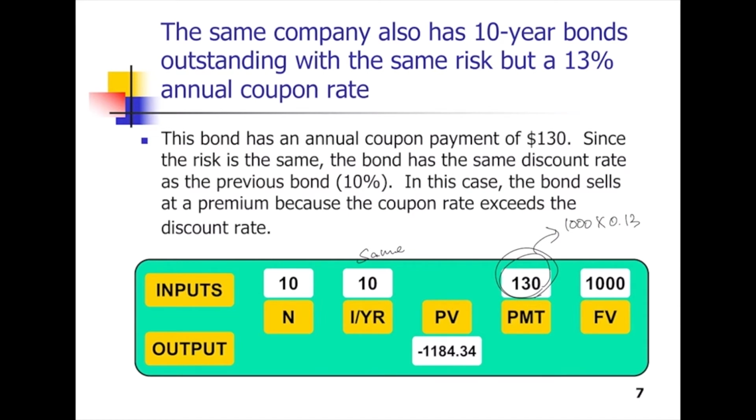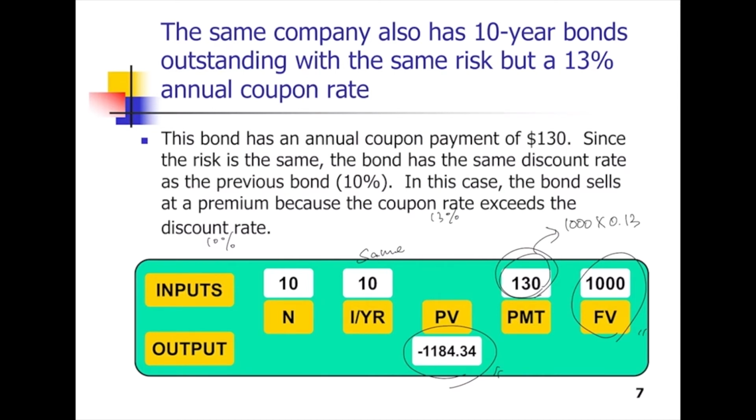In this case, the bond sells at a premium because the coupon rate exceeds the discount rate. The coupon rate is 13%, right? But the discount rate is 10%. The face value is 1,000, but in the market it sells at 1,184.34, right?